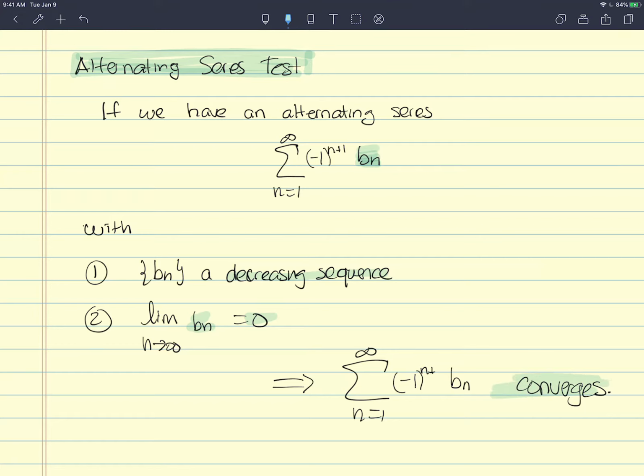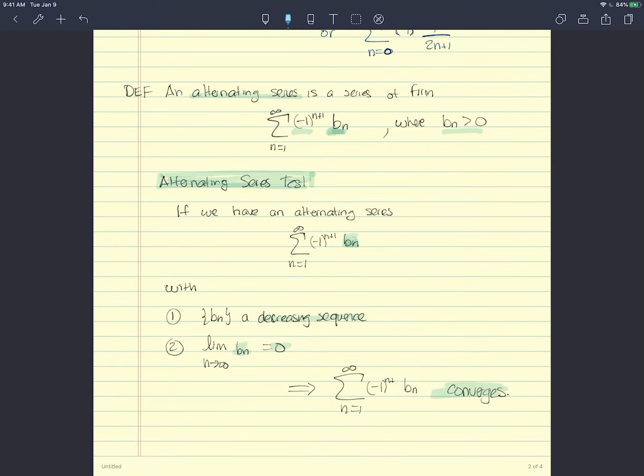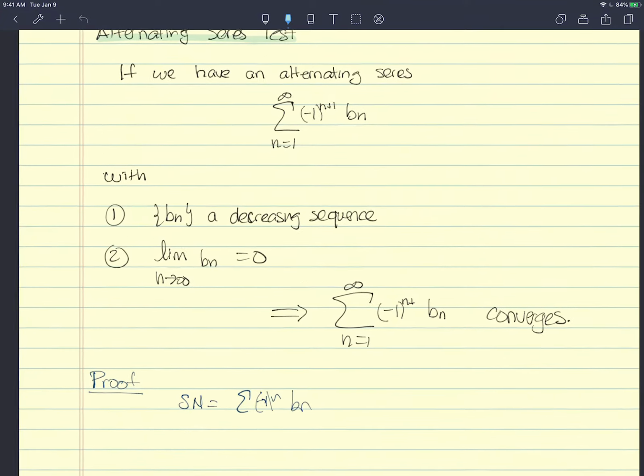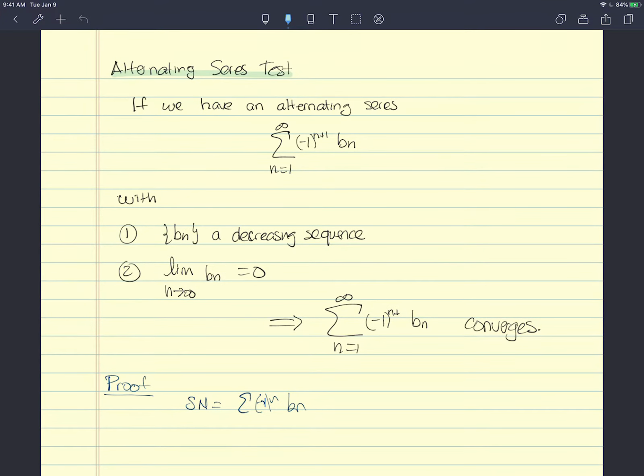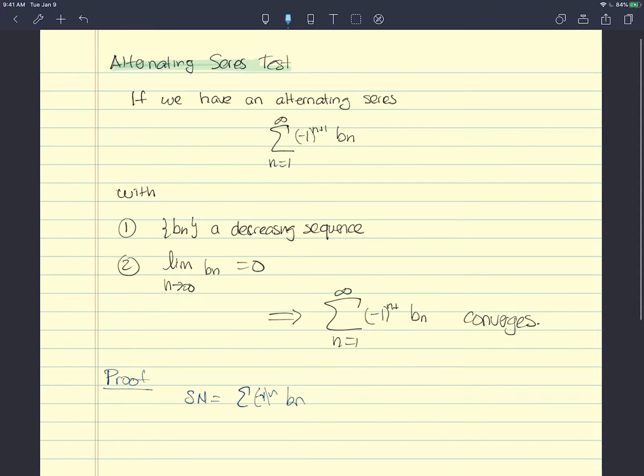Like I said, it turns out to be a very simple thing to prove. So let's prove it. I have stated the alternating series test again, just to refer to it for the proof.